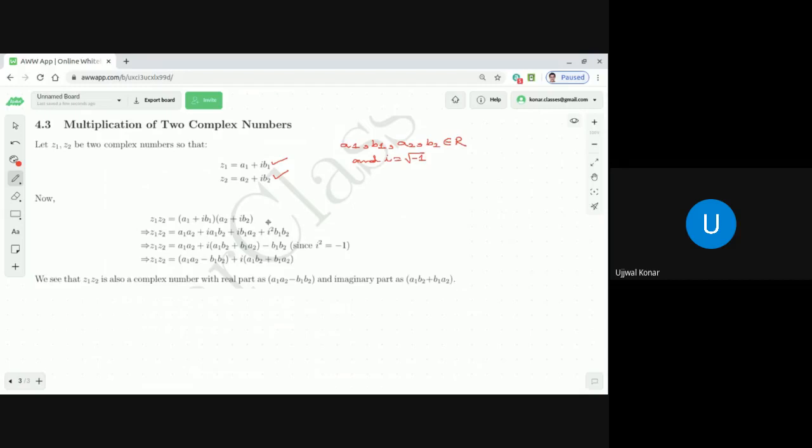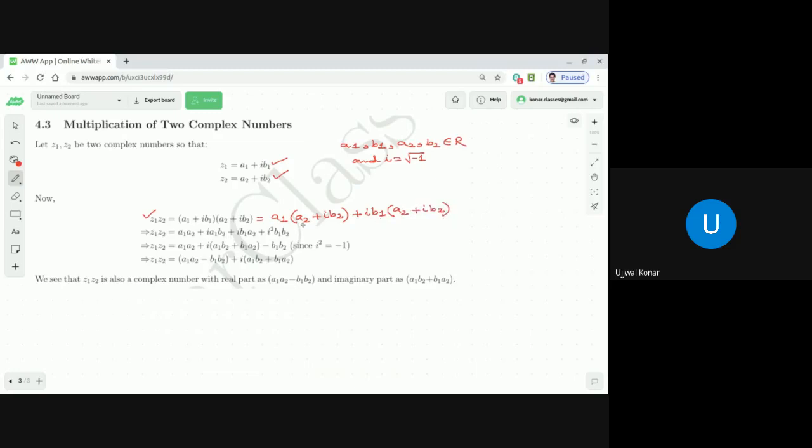So dear students, this is the representation of Z1 into Z2, and what we are doing is applying the distributive law. So (A1 plus iB1) into (A2 plus iB2), if I write it in a more elaborate manner, becomes A1 into (A2 plus iB2) plus i into B1 into (A2 plus iB2).